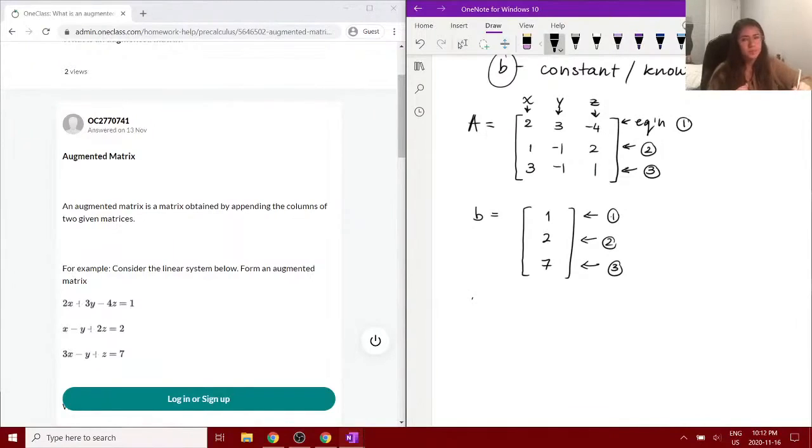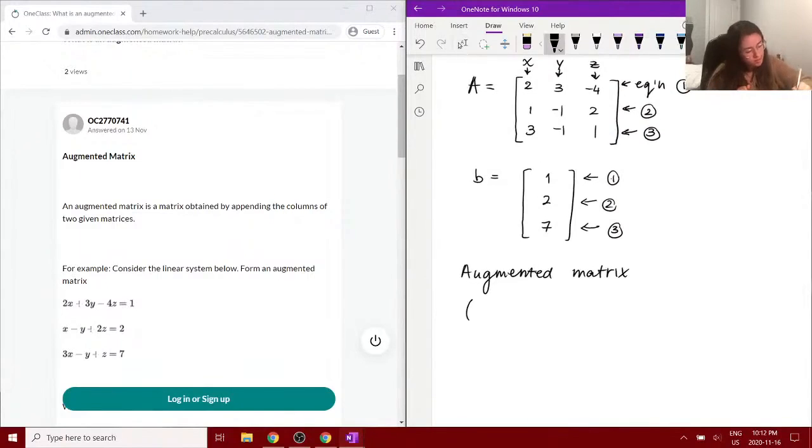That's what an augmented matrix is. So let me label it. We have our augmented matrix. And that essentially is just A and B combined into one. So we'll draw the lines like this, just straight lines. And in this first section, we will put our A right here, and in our second section, we'll put our B, just lined up like this.